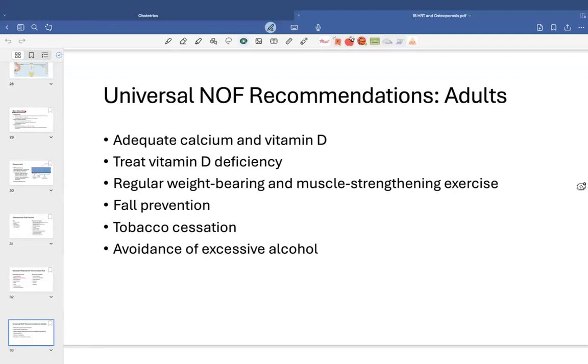So vitamin D deficiency will be an indication, of course, for vitamin D supplementation orally. Weight bearing, muscle strengthening exercises, fall prevention, and of course, stopping smoking. We said in the previous slide, smoking is a risk, as well as excessive alcohol intake.